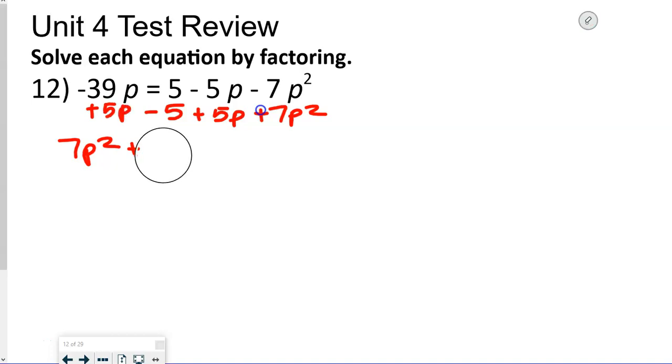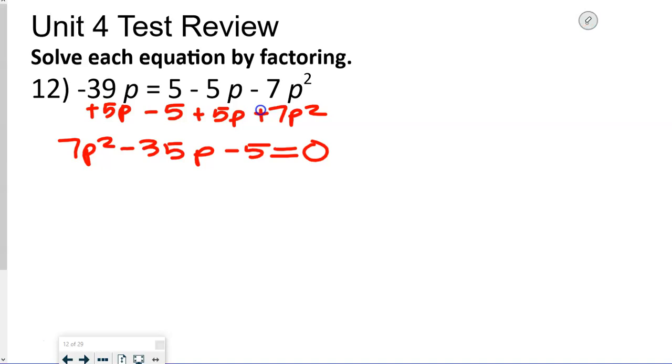So let me see what that is. That's going to give us negative 35p, right? And then we're going to have minus 5 equals 0. So doesn't look to me like this time. Wait a minute.